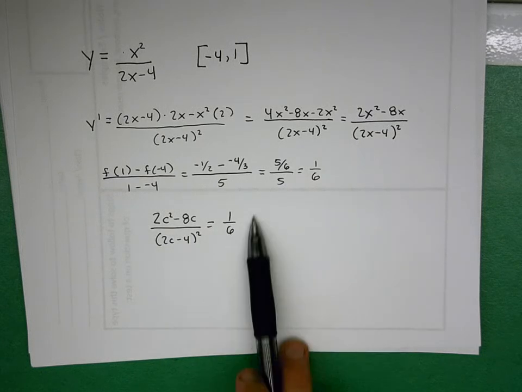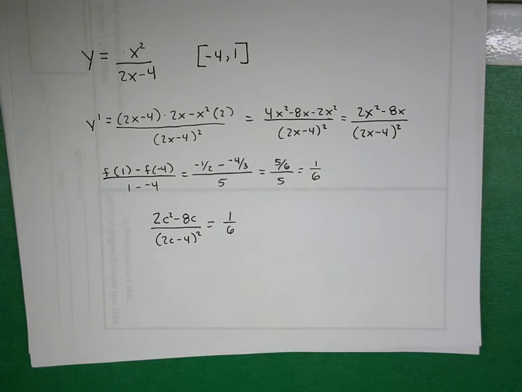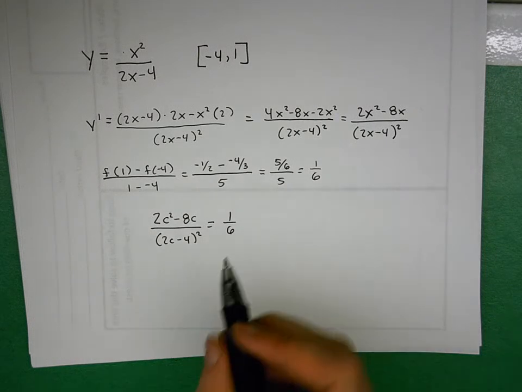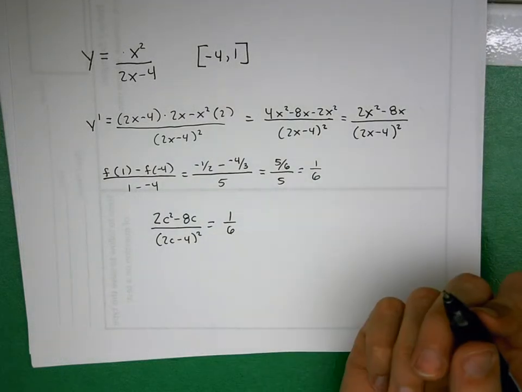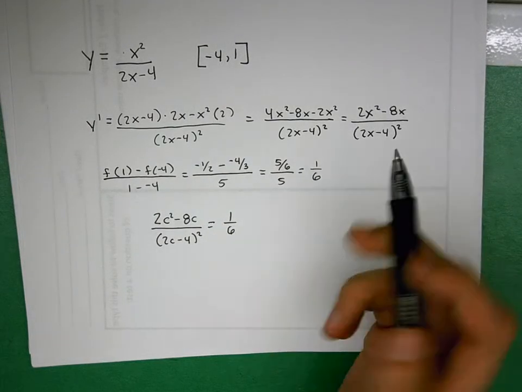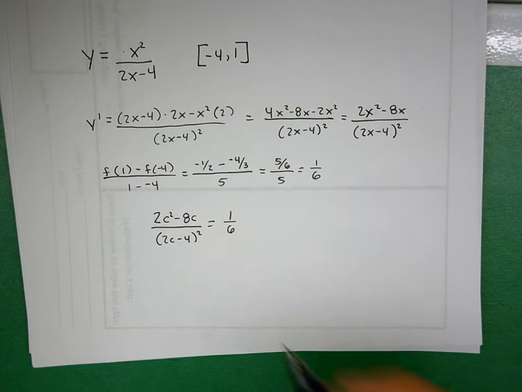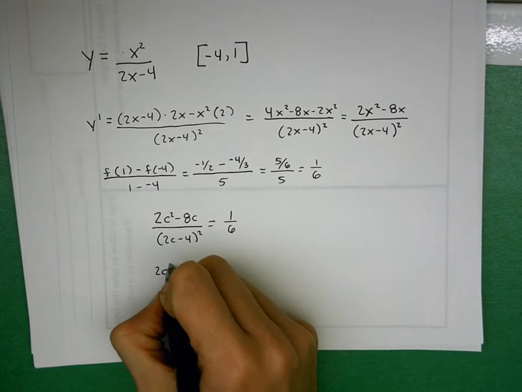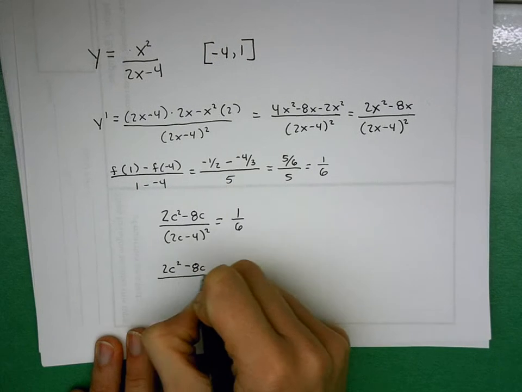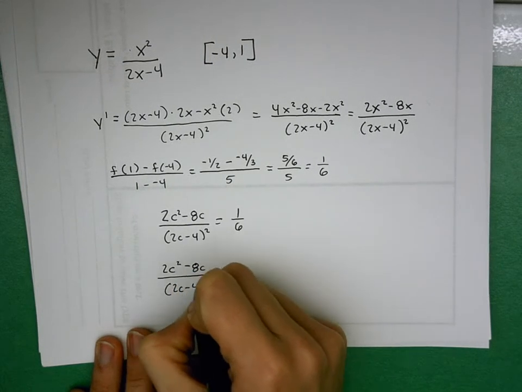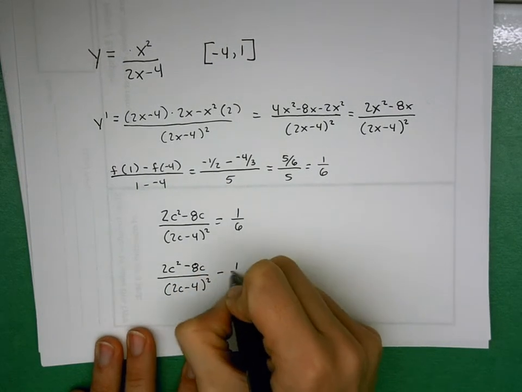You could potentially cross multiply, you could subtract the 1/6 over and find a common denominator. I'm sure there are other algebraic steps, but because this would be a calculator problem, I would recommend don't take any extra mathematical steps that you don't have to. If I can get this to equal 0, I can solve it. And so I'm going to go ahead and just subtract that 1/6 over to the other side.